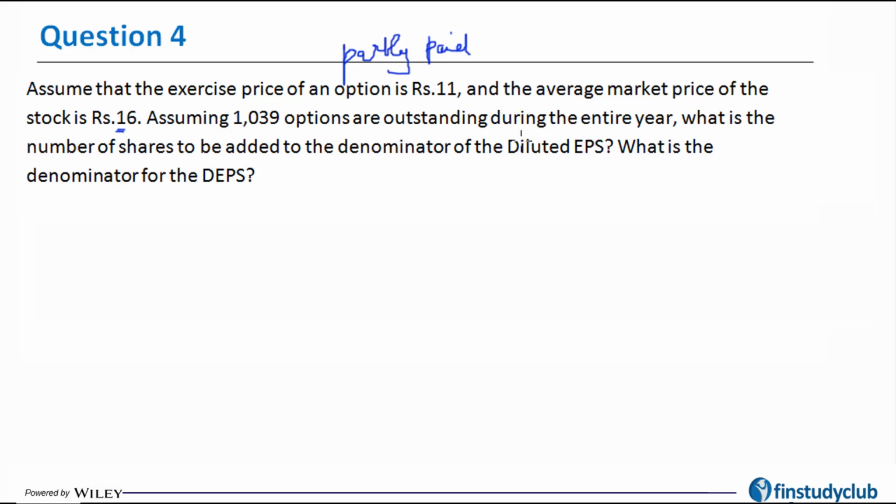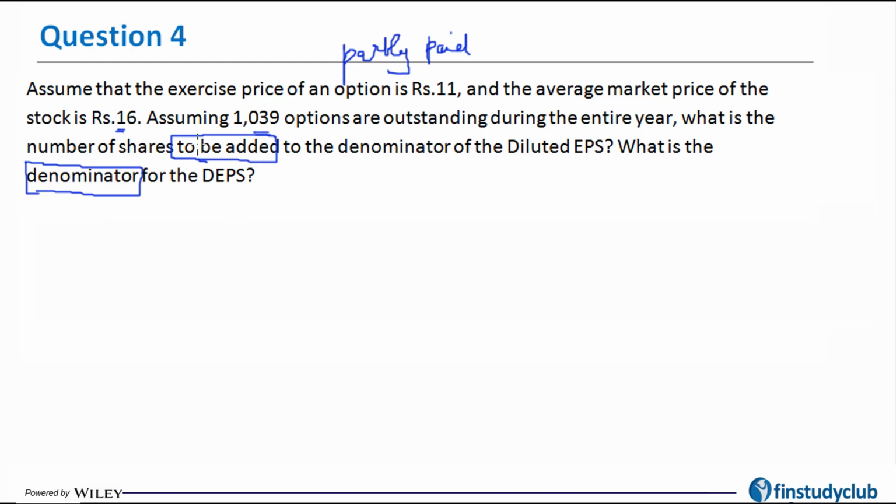So what we are saying is that the average market price of the stock is 16 and there are a total of 1039 options outstanding for the entire year. What is the number of shares to be added to the denominator of diluted EPS? Important exam point, I'll come to that. The second question is, what is the denominator itself?